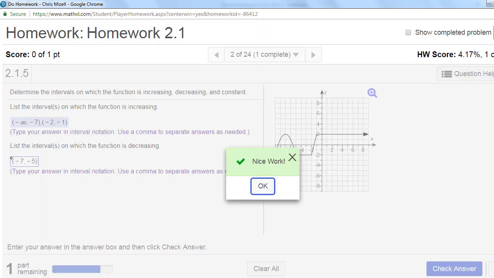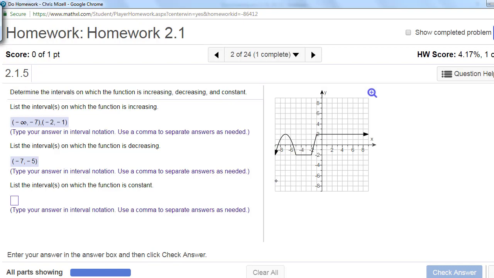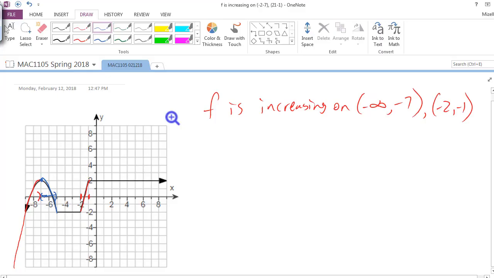And will it ask us where it's constant? It will. List the interval or intervals on which the function is constant. Sorry, it was increasing from -2 to -1, stops increasing at -1, and then goes straight across forever.